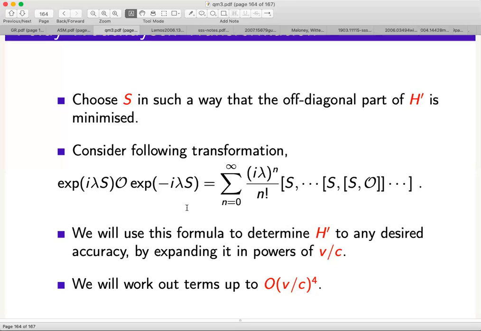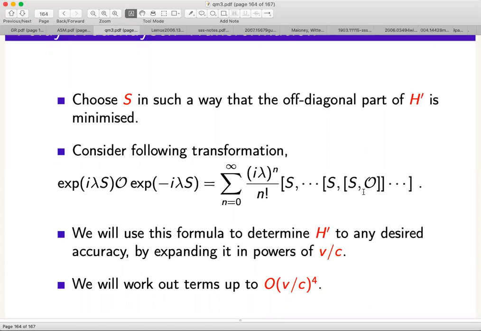For example, the leading term is lambda to the 0, and that would just give you the operator O. A term proportional to lambda contains one S, and that S could be either on the left of O or on the right of O. If it's on the left, it will have one sign; if it's on the right, it will have the opposite sign because of the minus sign in the exponent. That corresponds to a commutator, and that will give you the S, O commutator piece.